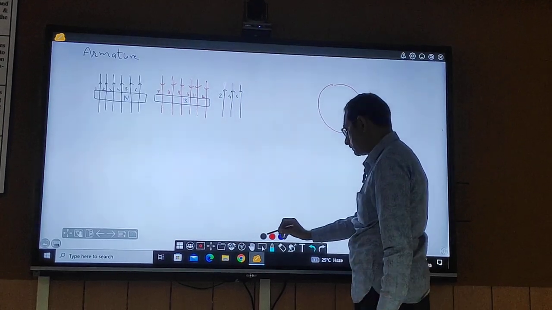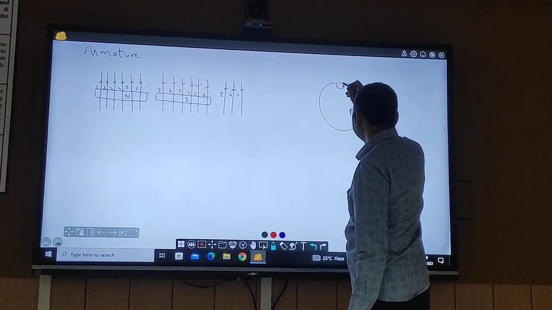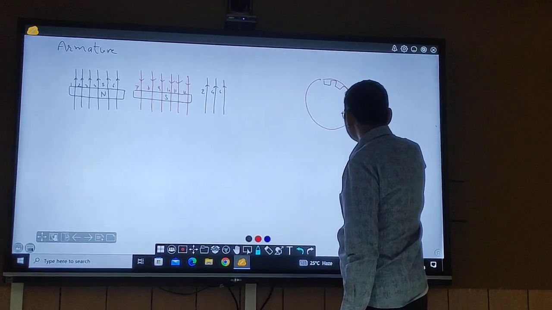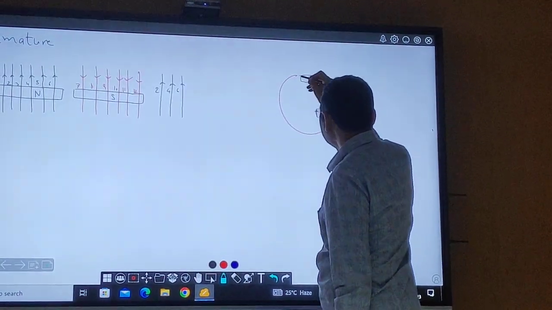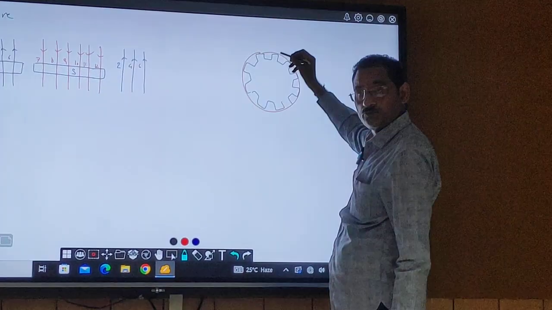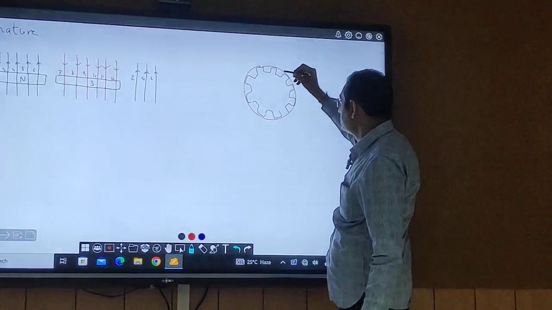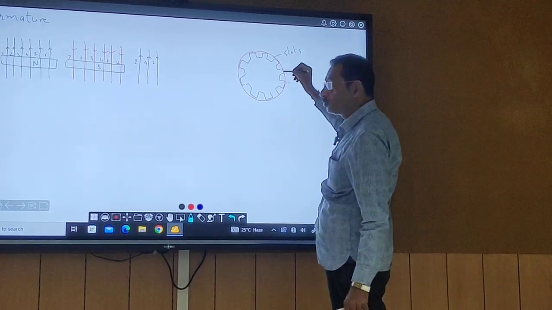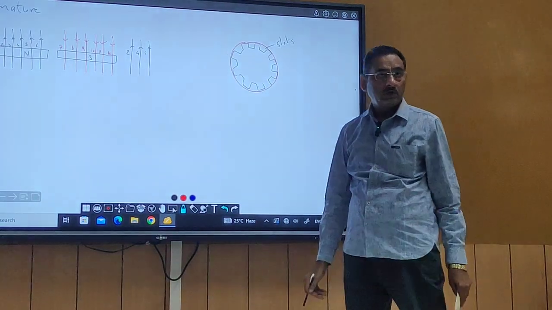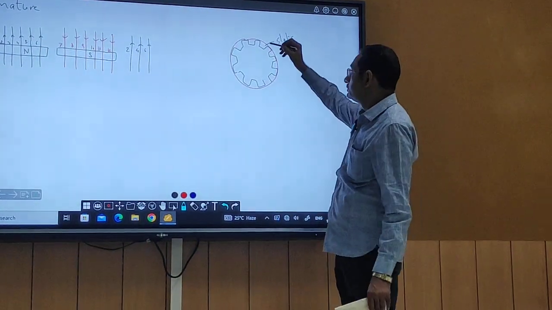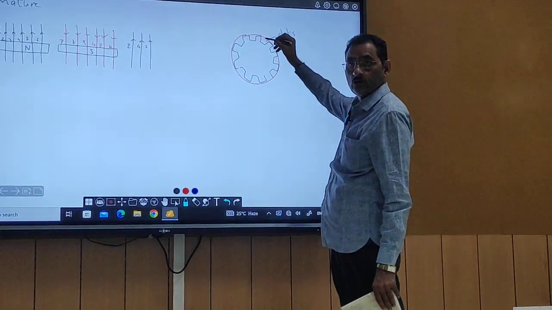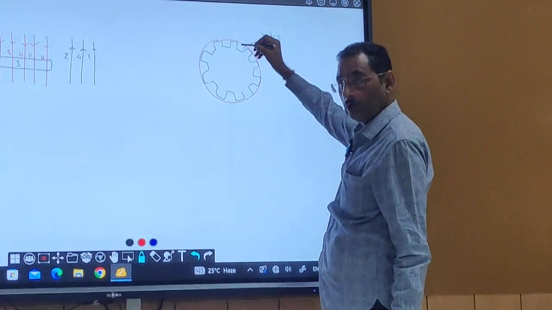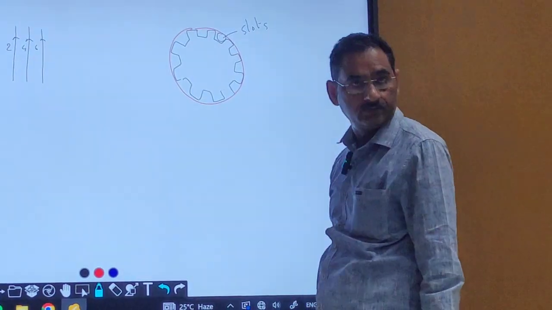Inside the rotor, these are the grooves, like this. These are called the slots, slot number 1, 2, 3, like this. And inside each slot there is a coil. This is called a coil side.